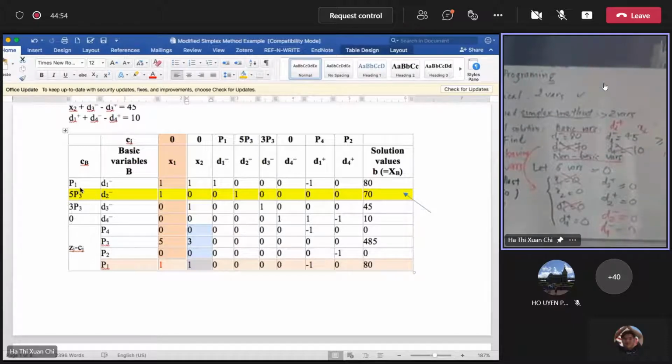So you take here P1 times with here 1. 5P3 is 0. 3P3 times 1. Right? So you have P1 plus 3P3. And you minus 0 here. So 1 in P1 and 3P3 here.